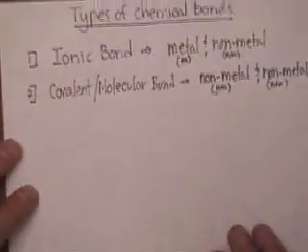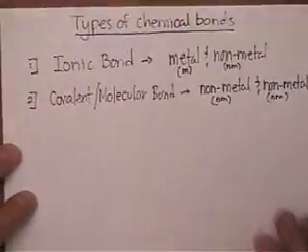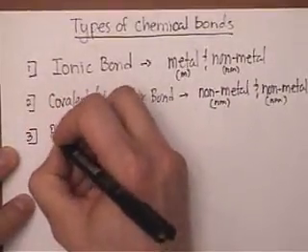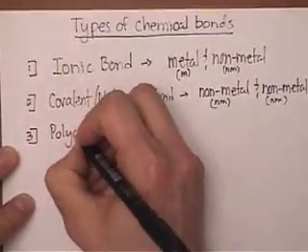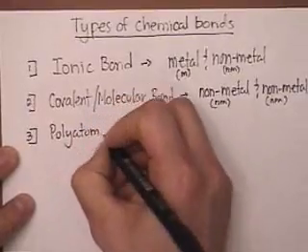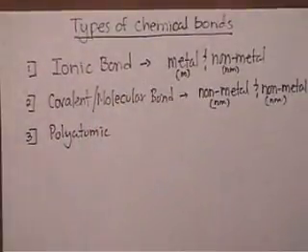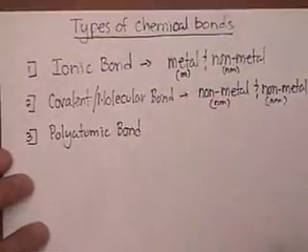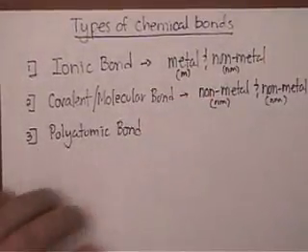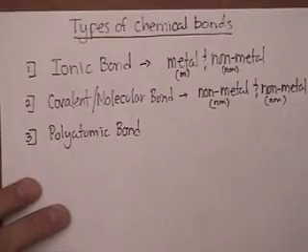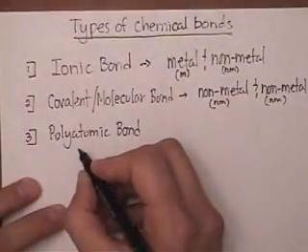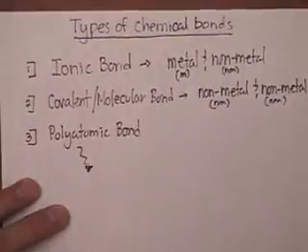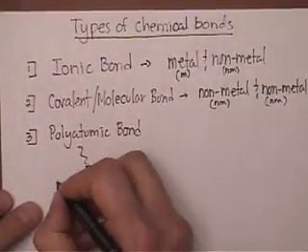The third type is going to be something called a polyatomic. Usually you just call it a polyatomic, but I'll just stick with calling things bonds. So this is going to be a polyatomic bond. I should probably explain what a polyatomic is first.